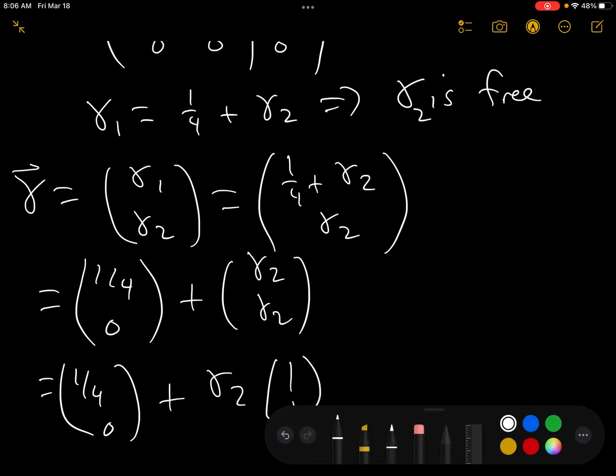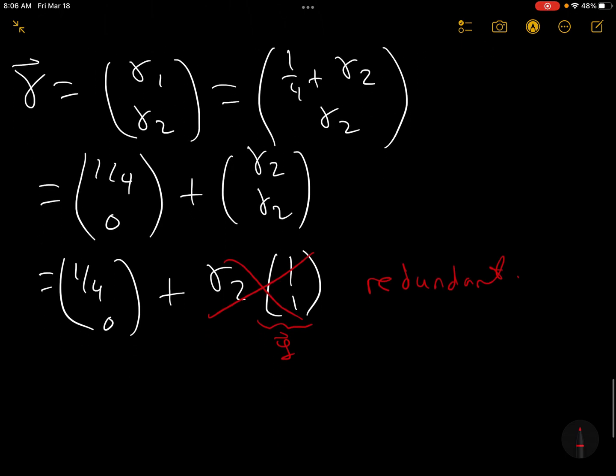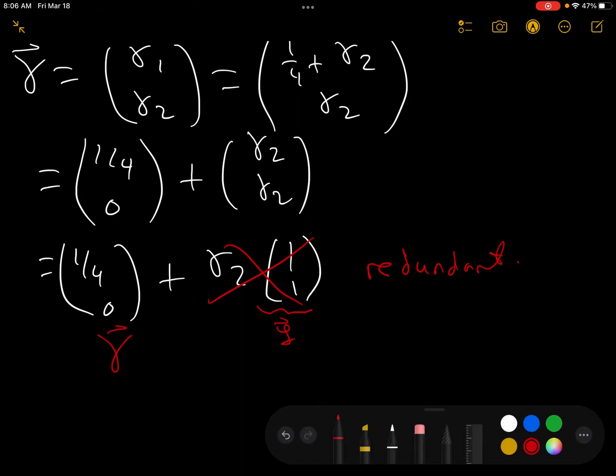Now, here's the redundancy which happened all semester. This is zeta, so it's already counted in the other solution. So this guy goes away because it's redundant, and so this is gamma in all its glory.